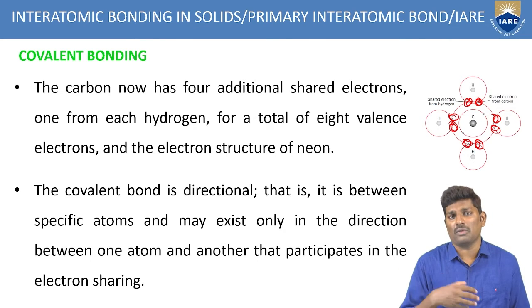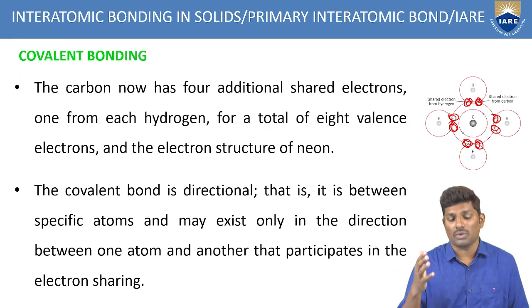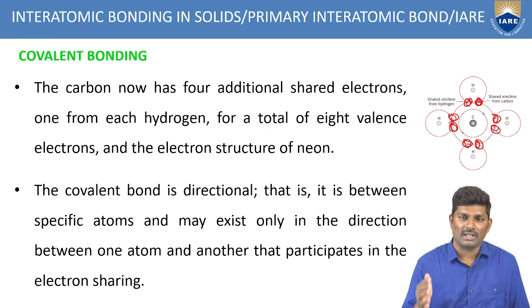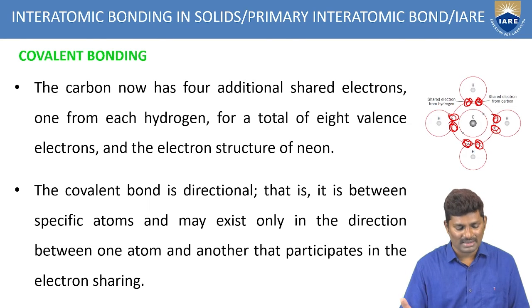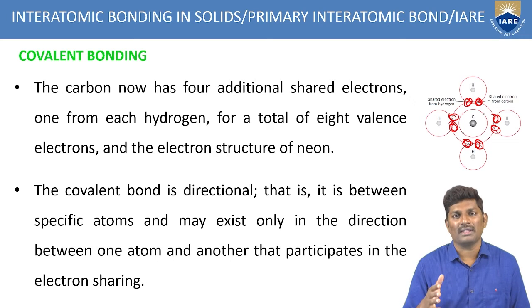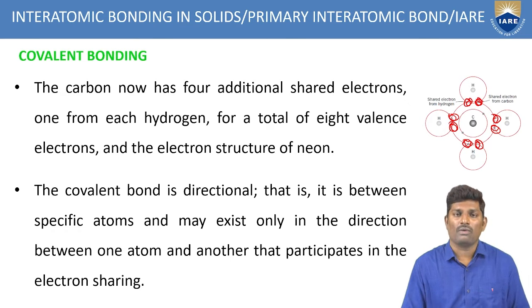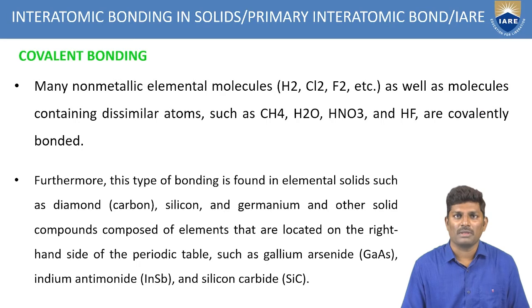So additionally we are getting 4. 4 plus 4, so totally you are getting 8 valence electrons bonding in the methane compound. The covalent bond is directional, and specific atoms exist only in the direction between the atom and another participant which are sharing the electrons. So this is one of the types of primary bonding.